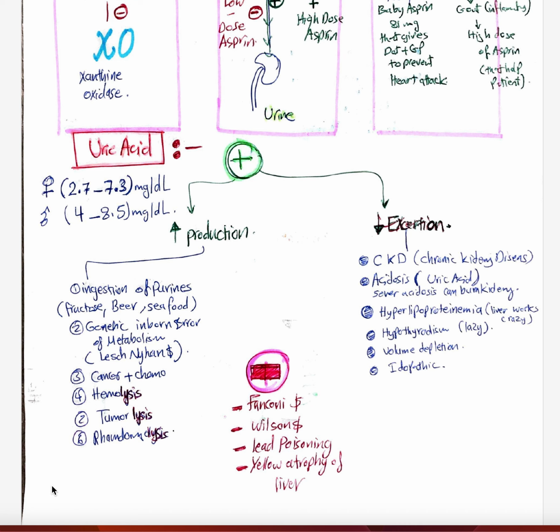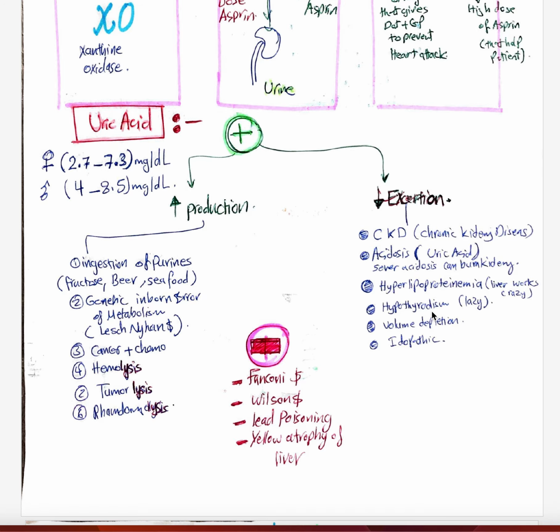So these are the reasons behind an increased production of uric acid. The other thing is reduced excretion, and there are many reasons for that, like chronic kidney disease. So there is a problem in the kidney, so it will not be able to excrete the uric acid. Or acidosis, because uric acid is an acid, so it needs an alkaline medium to be excreted.